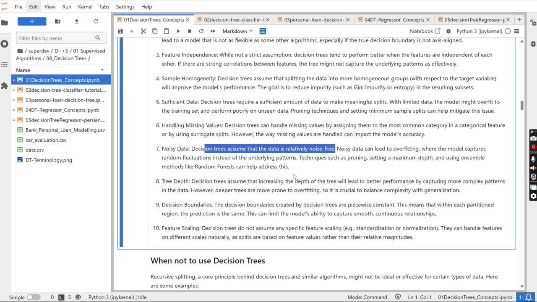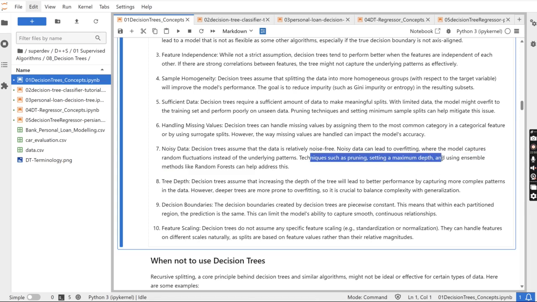That means there should not be too much overlapping between the data, like what we saw in the case of apple tree and oak tree. Data should not coincide with each other. In that case, the decision tree will work very well. If the data has noise, then we use some techniques like pruning, maximum depth, or ensembling techniques.